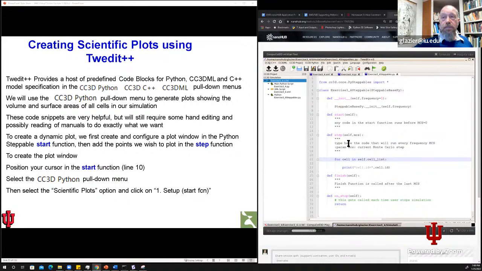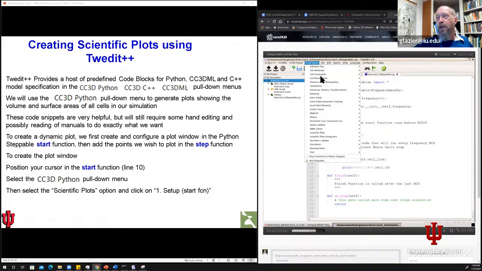And so, if I go to CC3D Python and I go to scientific plots, it will give me a setup, an add data points, a refresh plot, which we don't need, erase plot, and a few other things. And it'll tell us, in the case of setup, that this belongs in the start function. And it'll tell us that adding data points belongs in the step function.